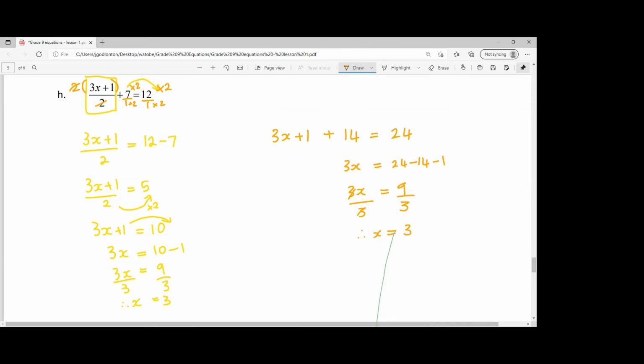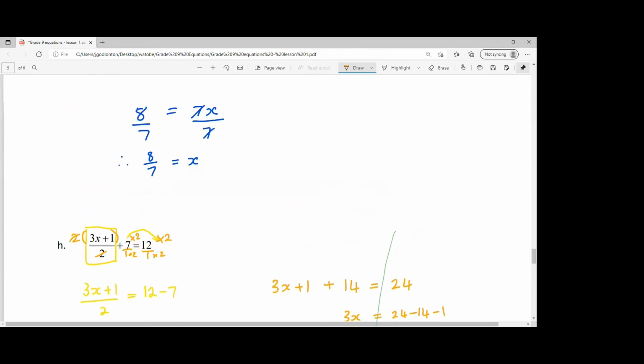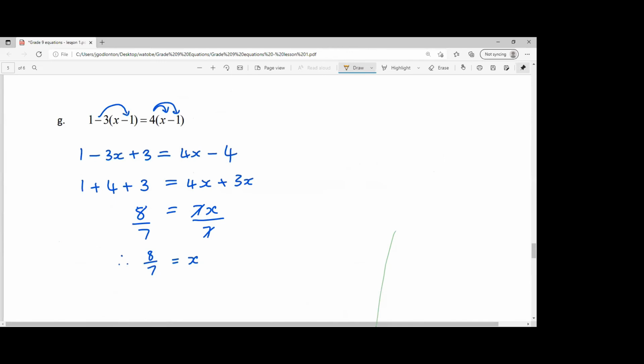Does anyone have any questions about this sum? Or anything they feel nervous with? Okay, I'm just going to quickly go back up to G because not everyone finished writing it down. So I'm just going to go to G and then I'm going to give you a question to try by yourselves.